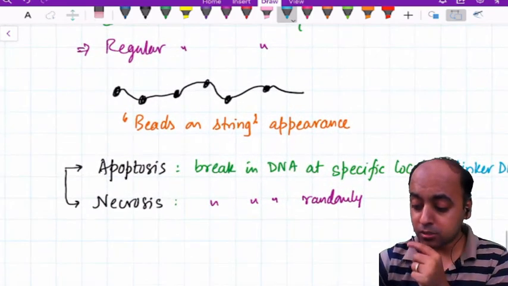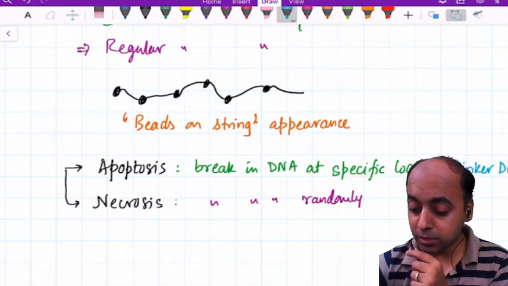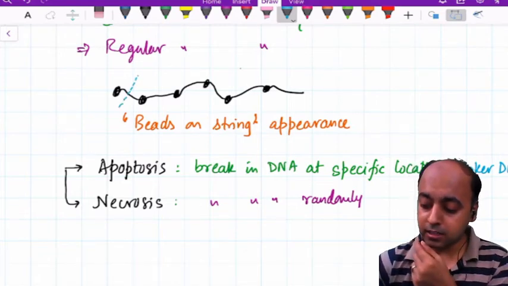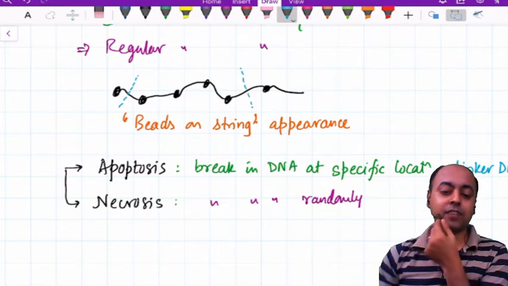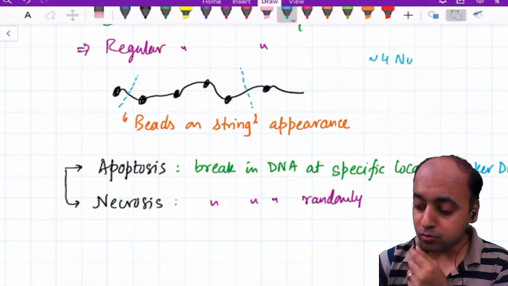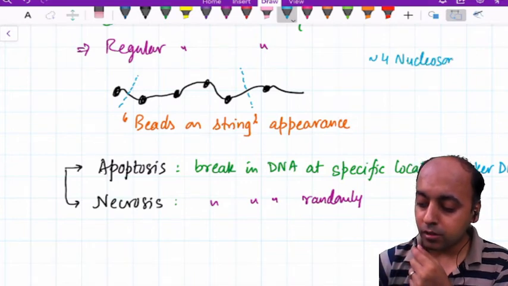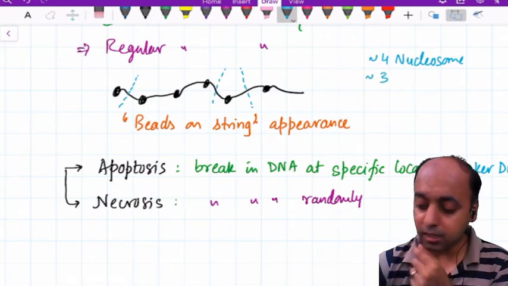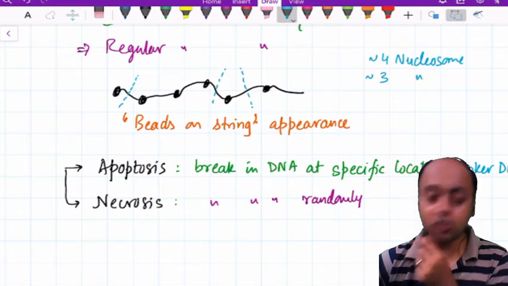So what happens? Suppose one cut is made here and another cut is made here. So we'll get a fragment which has approximately 4 nucleosomes. In another segment there can be another cut over here, let's say. So we can have a fragment of DNA having 3 nucleosomal length.